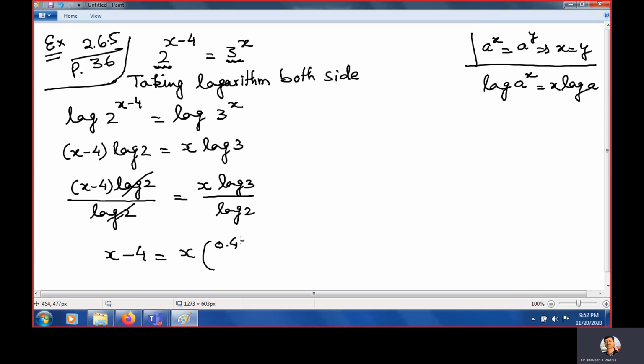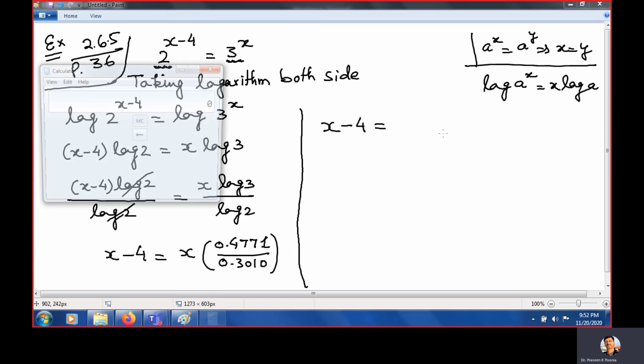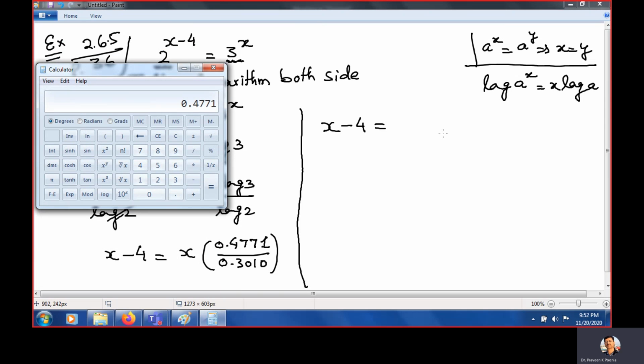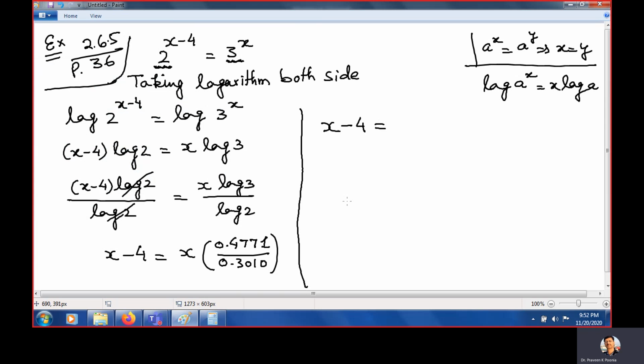If you calculate with the calculator, it is 0.4771, and the value of log 2 is 0.3010. Clear? So if you divide it, how much will you get? 0.4771 divided by 0.3010 is 1.585.